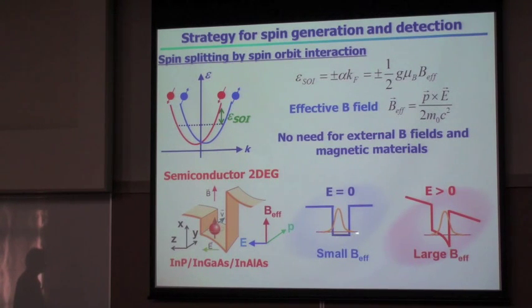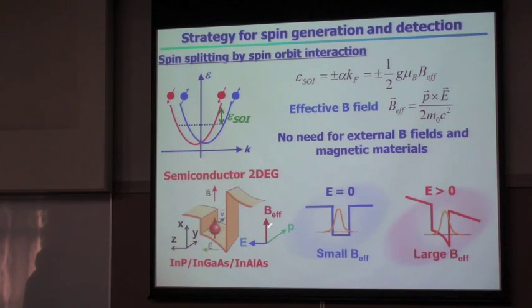So in that case, there's no internal electric field, so the effective magnetic field becomes really small. However, when we make such an asymmetric quantum well, then we can generate the internal electric field. So we have a large effective magnetic field strength in this structure. So by changing such an internal electric field, we can modulate the effective magnetic field inside of the semiconductor structures.